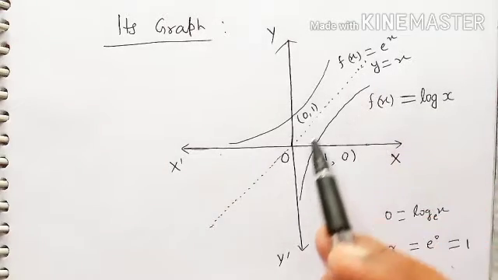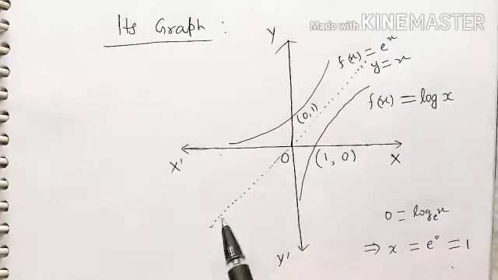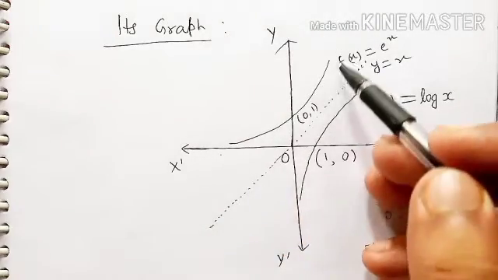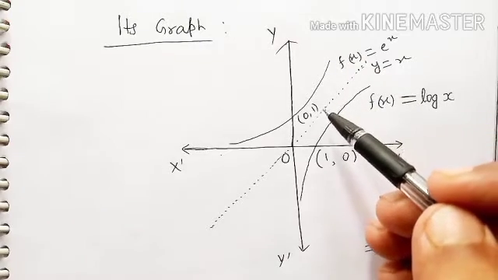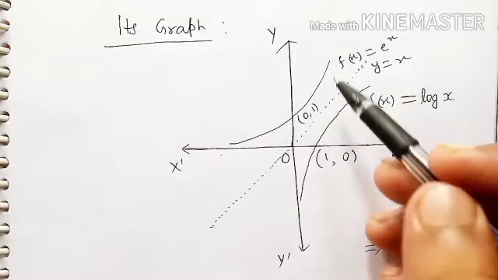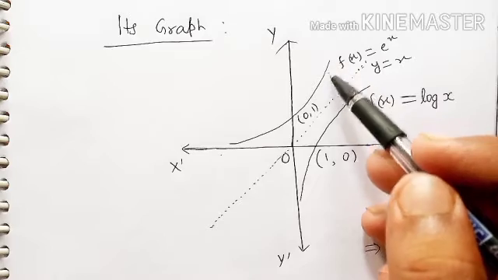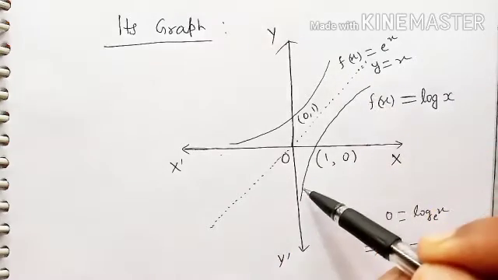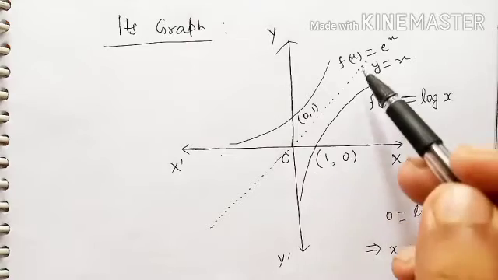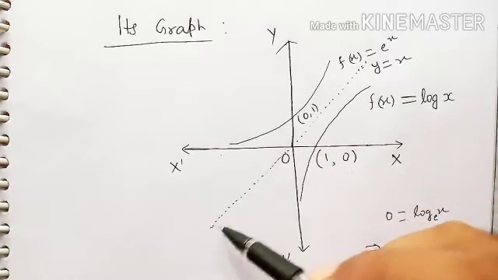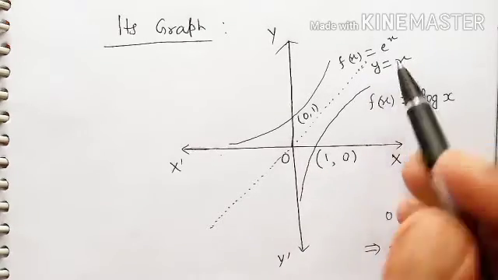This is the line y is equal to x, and this is the graph for natural exponential function. Here we can see that exponential function and logarithmic function are mirror images of each other reflected about the line y is equal to x.